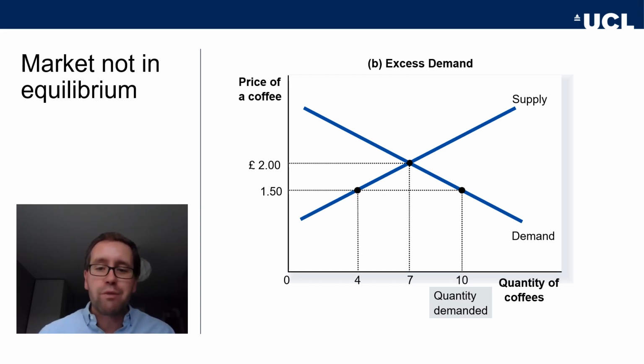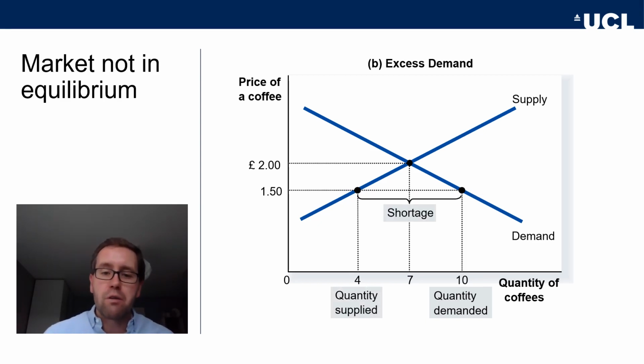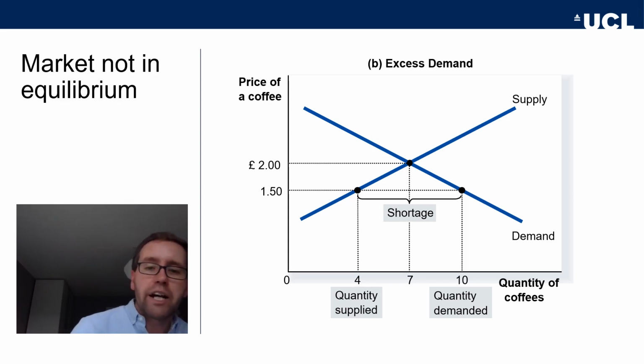What would happen is that there would be fewer suppliers, only 4 espressos per month or whatever would be sold at this price. So fewer producers are willing to offer espresso, but there's lots of demand. Lots of people want to buy the cheap £1.50 espressos. So quantity demanded exceeds quantity supplied, and there's a shortage.